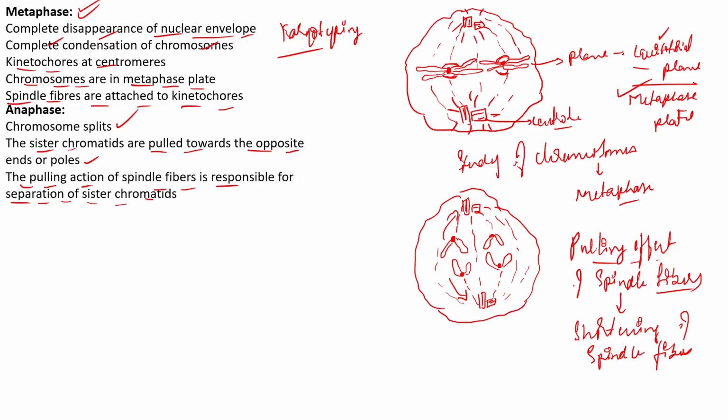In the diagram you can see that when it is being pulled, the centromere is dragged, while the arm of the chromosome is pointing in the forward direction.